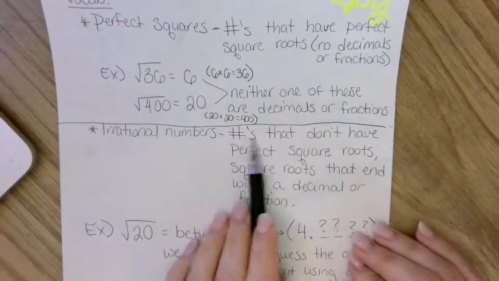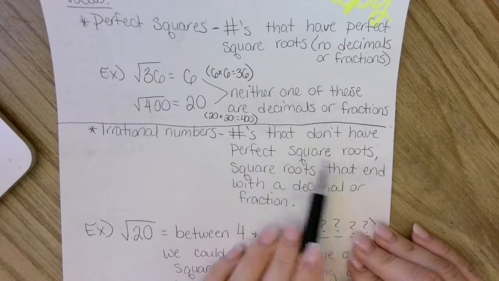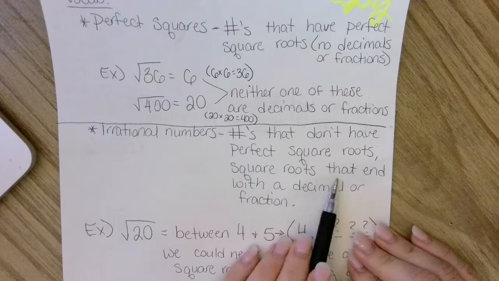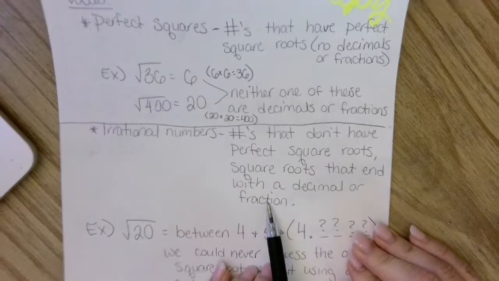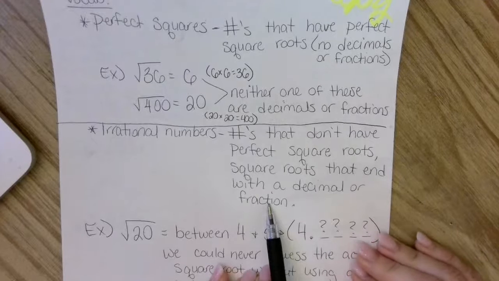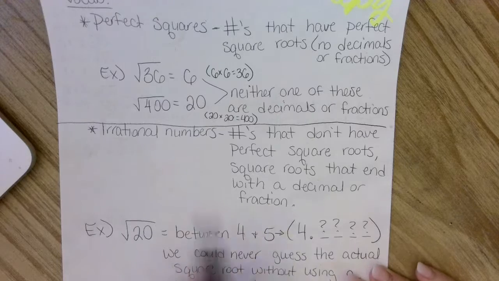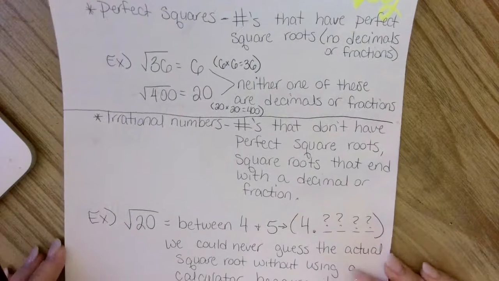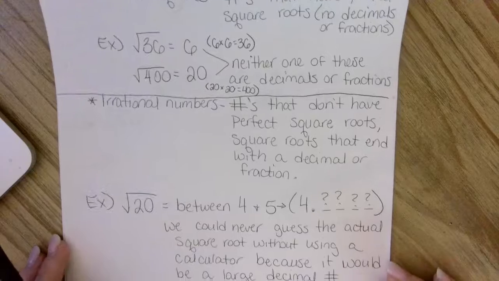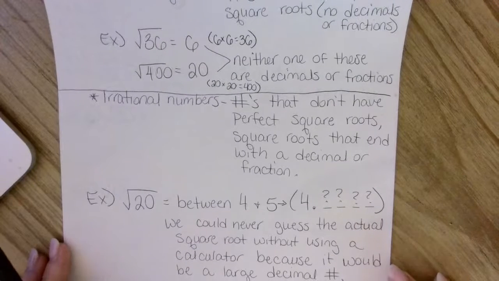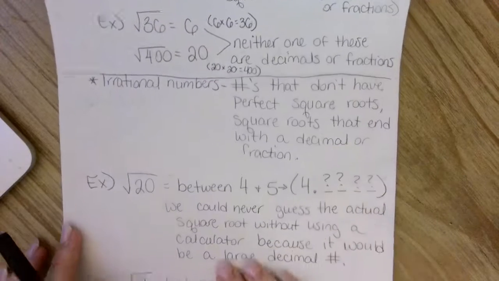Irrational numbers are numbers that don't have perfect square roots. Square roots that end with a decimal or a fraction. Like I said before, this is nearly impossible to do on paper. You would need a calculator in order to figure out the real square root of an irrational number, which I'm not going to make you do.